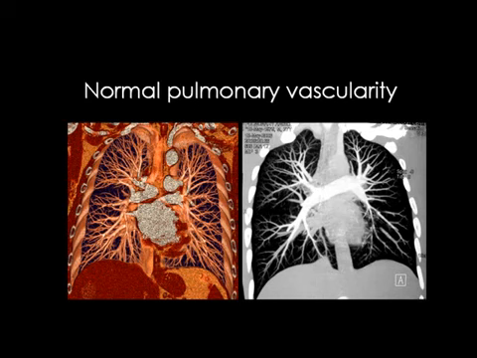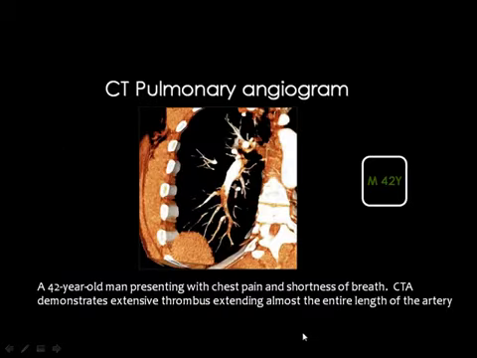Then whenever the dye reaches the pulmonary artery, the machine starts scanning, then you get these images. And you can reconstruct the images. You can see the most distal pulmonary artery branches, and you can see a very small thrombus in any of these branches. And you can display the images in color, as you can see.